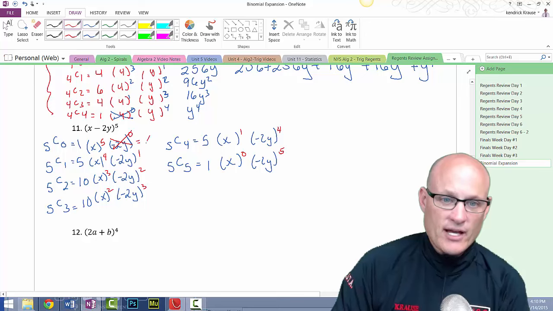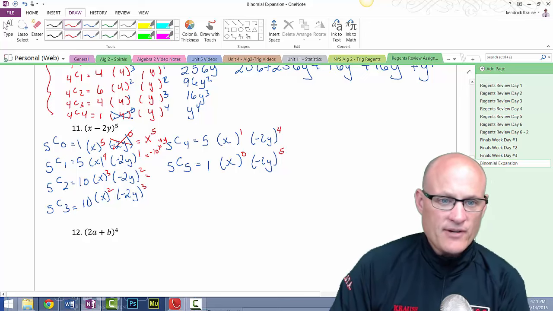So this one's just x to the 5th. It's 1 times x to the 4th. This will be 5 times x to the 4th times negative 2 to the 1. So that's really negative 10 x to the 4th y. Sorry, I'm running out of room. This is awful. I should have moved it over. If I typed in 10 x cubed, now this is negative 2 squared, that's 4. 4 times 10 is 40.